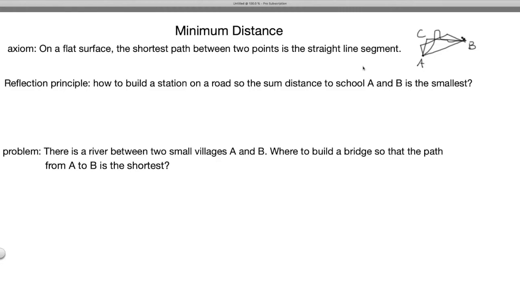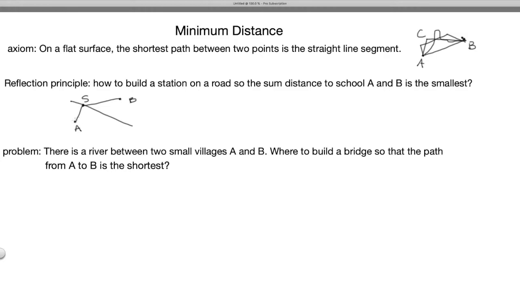And in a previous video, we also talked about the problem of building a station for two schools such that the sum distance is the smallest. And there are two cases. Assuming the road is in between two schools, and we have two schools A and B, we're going to build a station S such that the sum SA plus SB is the smallest.